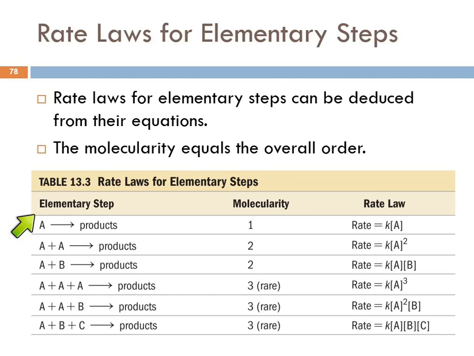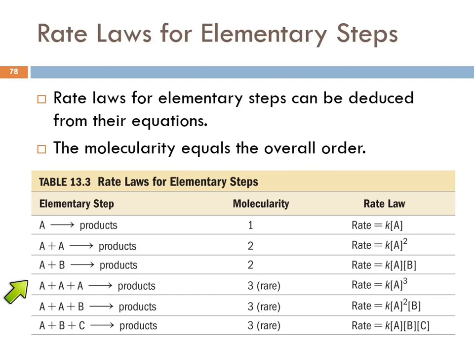So if we have a unimolecular step where we have A going to products, the rate law will be that the rate is equal to the rate constant times the concentration of A. If we have two A particles reacting, that's a bimolecular. The rate will depend on the square of the concentration of A. Here we've got two different particles. It's also bimolecular. But here it's going to be the rate constant times the concentration of A times the concentration of B.